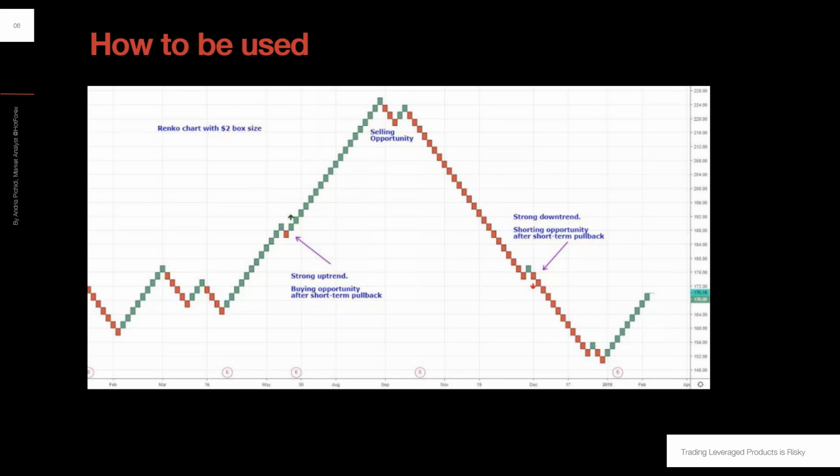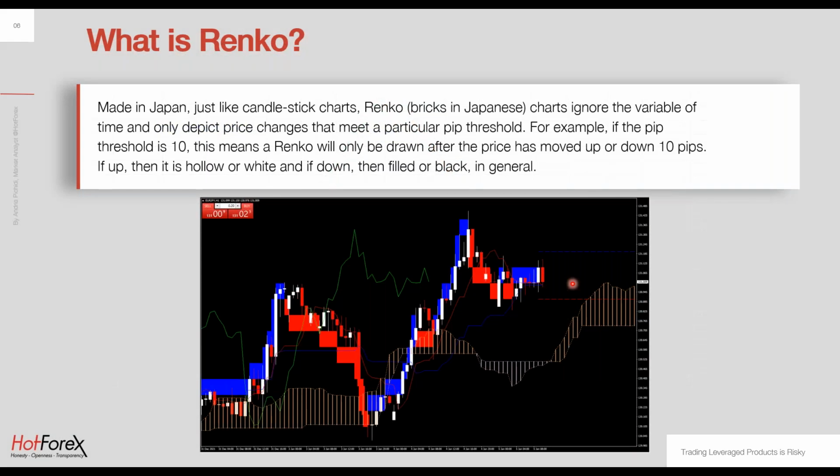So the very first step that we need to be aware of in regards to Renko charts is the size of the box and the color of the box. Let me get back to this chart. You can see that there are some long, big bricks, some smaller ones, and what matters is the length and the color, and of course whether they are below or above the price.